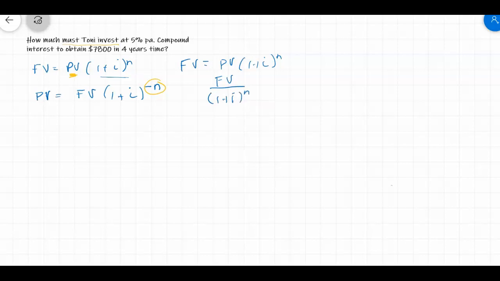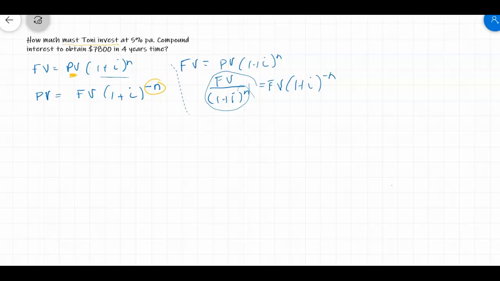Now, if you remember your index laws, when this power is on the bottom, we can still write it the same, but it's a negative power. So this phrase here is actually equal to future value times 1 plus i to the negative n.